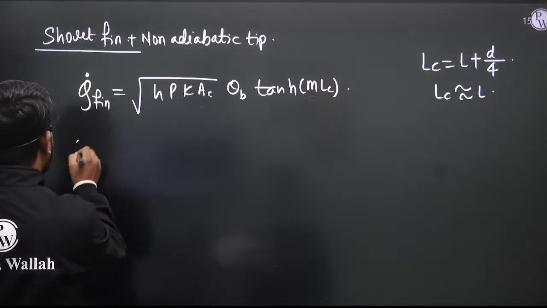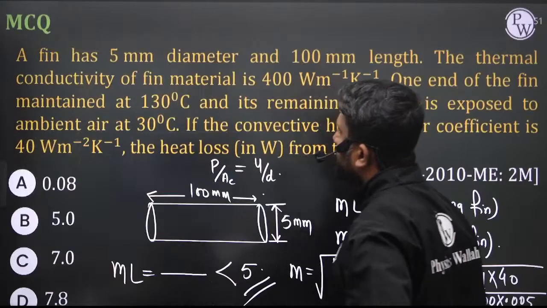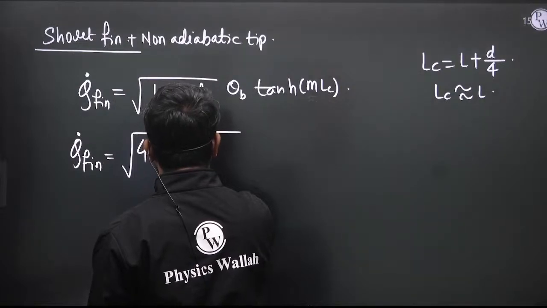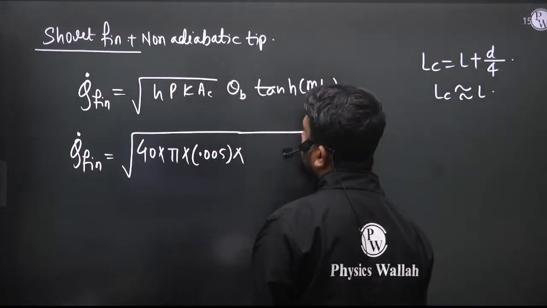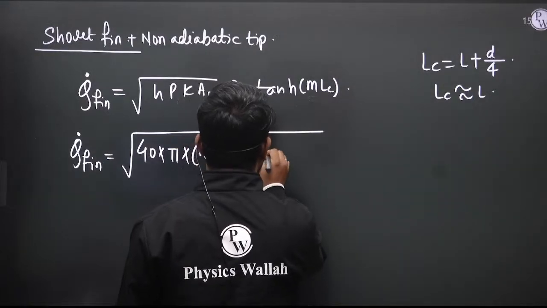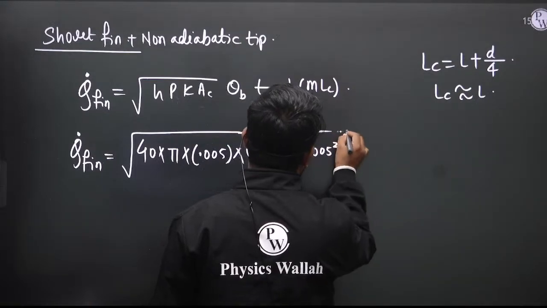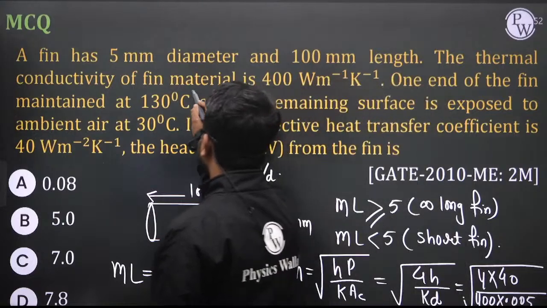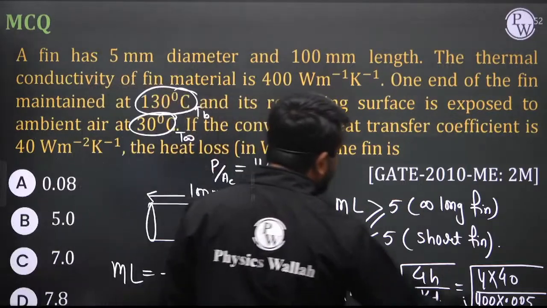Clear? Right. So Q dot from the fin is root over, the h value is 40, this is pi into D, which is 0.005, into the k value 400, into pi by 4 into D square, 0.005 square, into theta B. That theta B is nothing but T_B minus T infinity, the base temperature minus T infinity, so this is 130 minus 30.